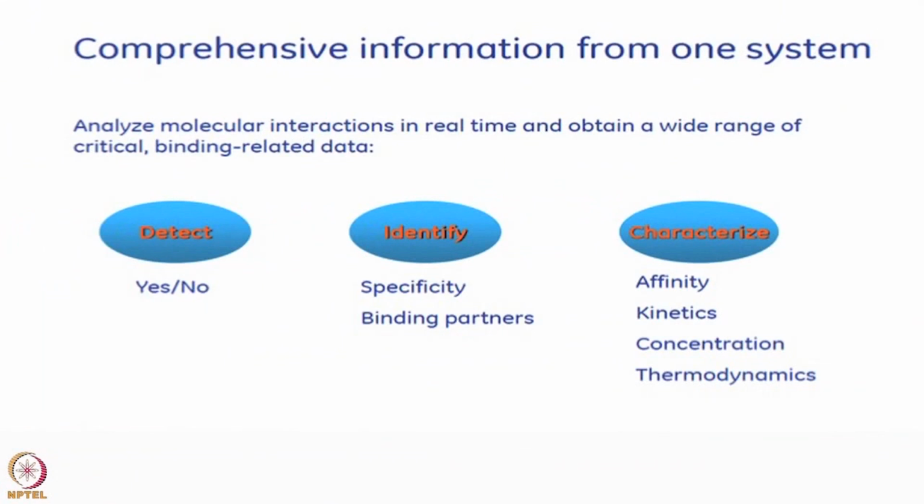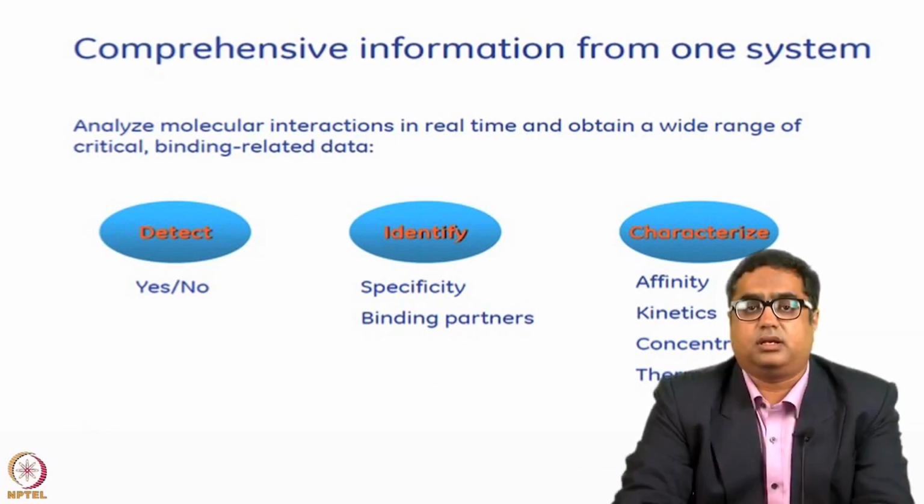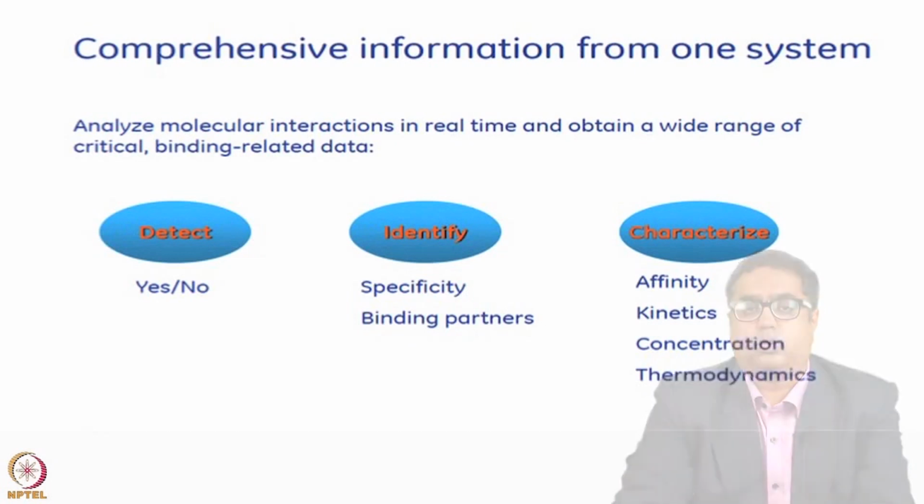From this kind of experimentation, the comprehensive information that one will generate is: detect, that means yes and no binding, identify the binding partners, identify the specific binding, and characterize the binding by different events like affinity, which is how tight or how weak the binding is, kinetics, how fast or how slow the binding is, concentration, which is how much amount of our analyte is bound to the ligand, and thermodynamics, how kinetics change as a function of temperature.